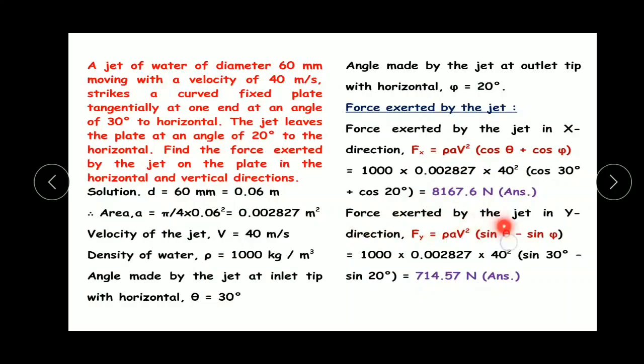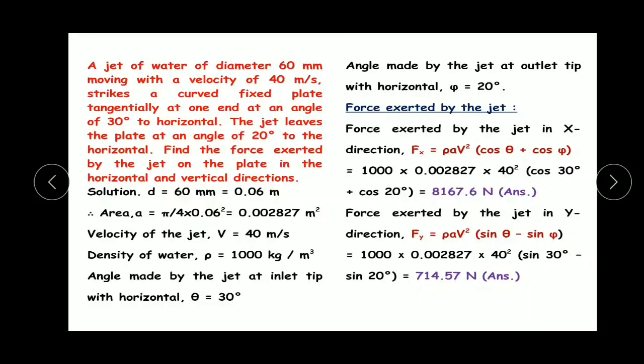Next, the force exerted by the jet in the y direction, Fy equal to rho a v square (sin theta minus sin phi). By putting the values, we get 714.57 Newton. It is the unsymmetrical case problem.